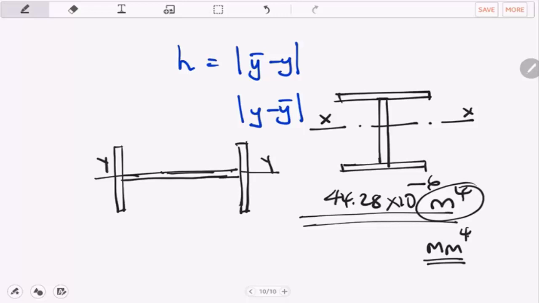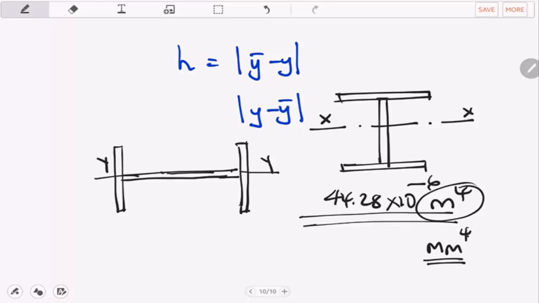I just need to confirm with something. What section is that? A 254 146 by 31.